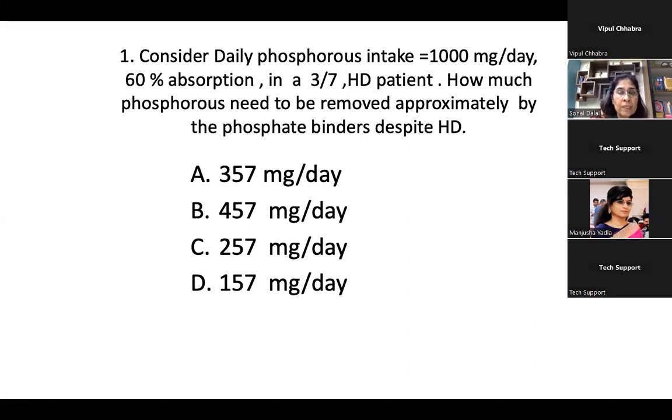How much phosphate has to be removed by the phosphate binder in spite of 3 times a week dialysis if you have a 1000 milligram daily consumption of phosphate? Your time starts now.